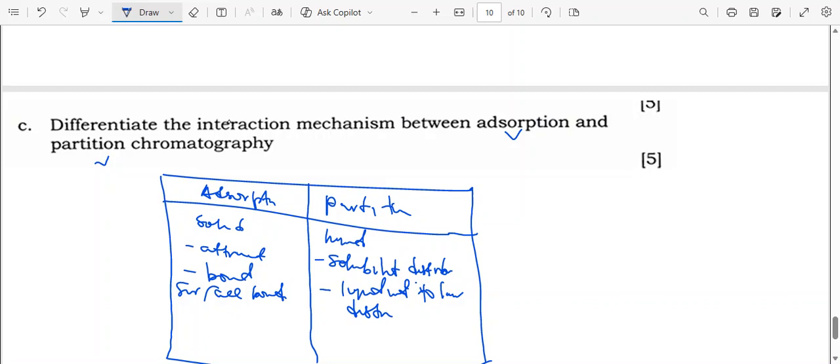By the way, adsorption uses what we call silica gel, which attracts and traps the molecules. Then the partition compound will just dissolve between two liquids, and they will result in different partition, meaning the distribution. So that is it.